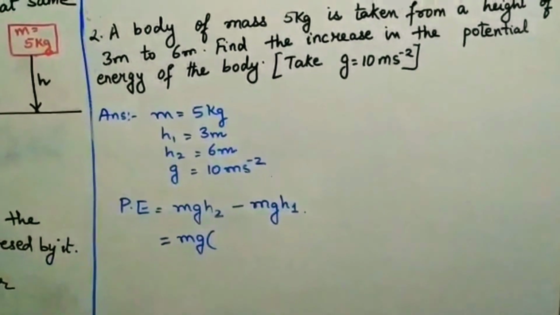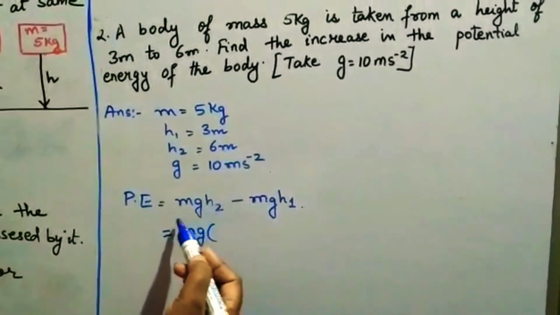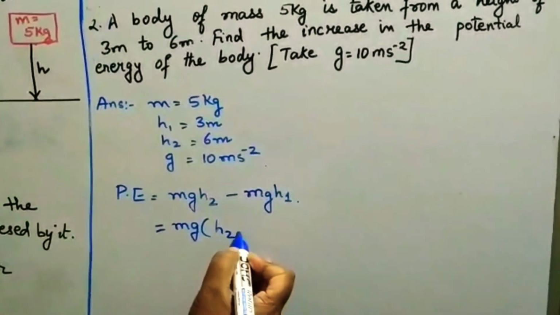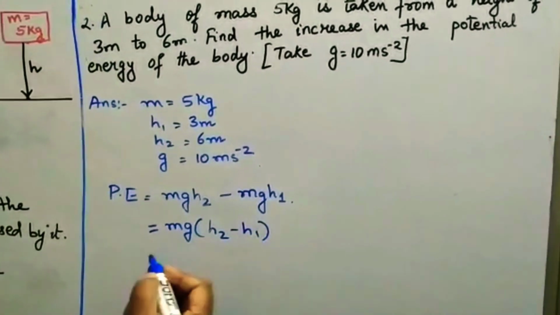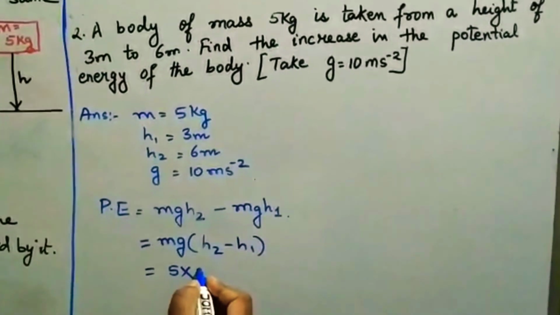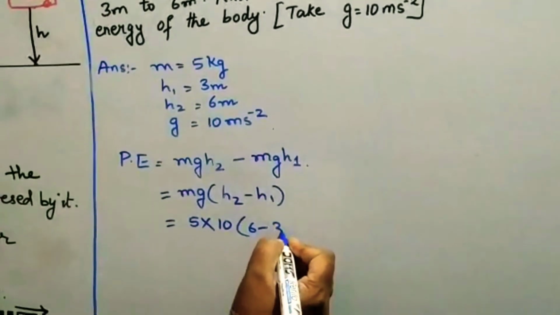So the increase in potential energy is mgh2 minus mgh1. mg is common in both, so we'll take mg common, (h2 minus h1). m is 5, acceleration due to gravity is 10, h2 is 6 minus h1 is 3.